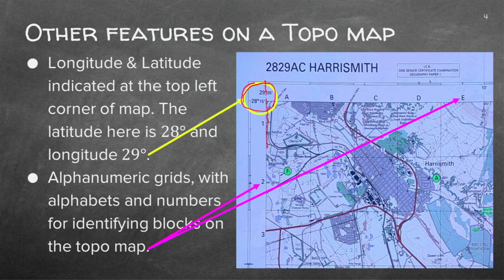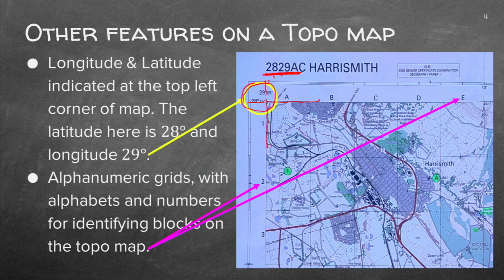So the longitude of this map is 29 degrees. Now, if you look slightly lower, you would see that there is another line that runs horizontally. That is the latitude of that map, and that latitude starts at 28 degrees. And that is the reason why the reference code of this map starts with 28, 28 being the latitude and 29 being the longitude.